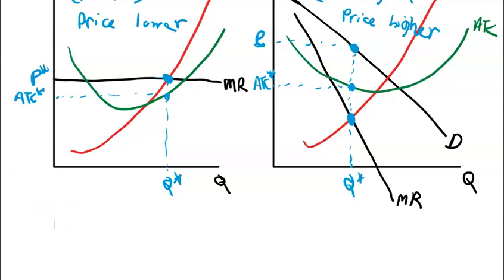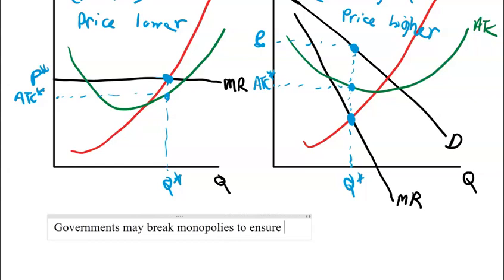But sometimes the government will try to break down monopolies. If a firm gets too big, the government may put in restrictions. So governments may break monopolies to ensure more competition and better products or services.